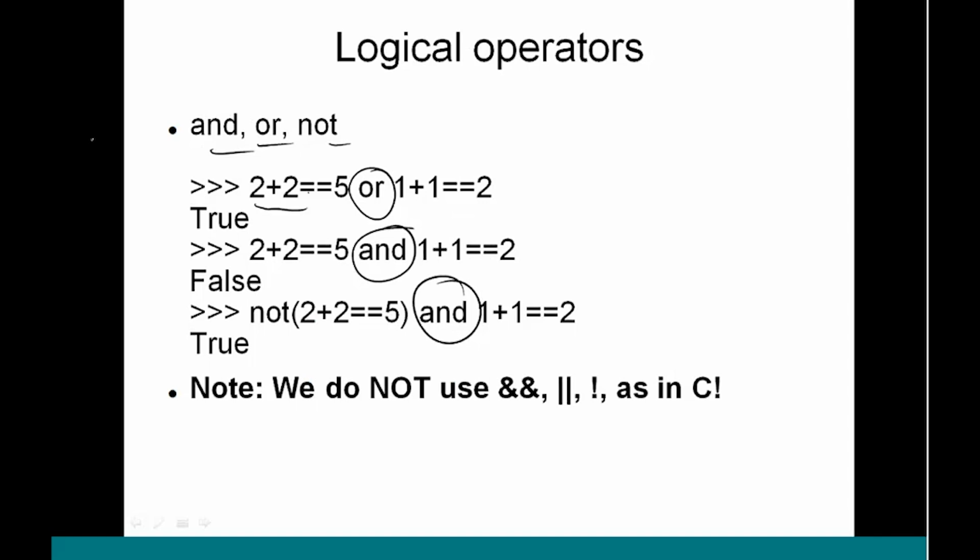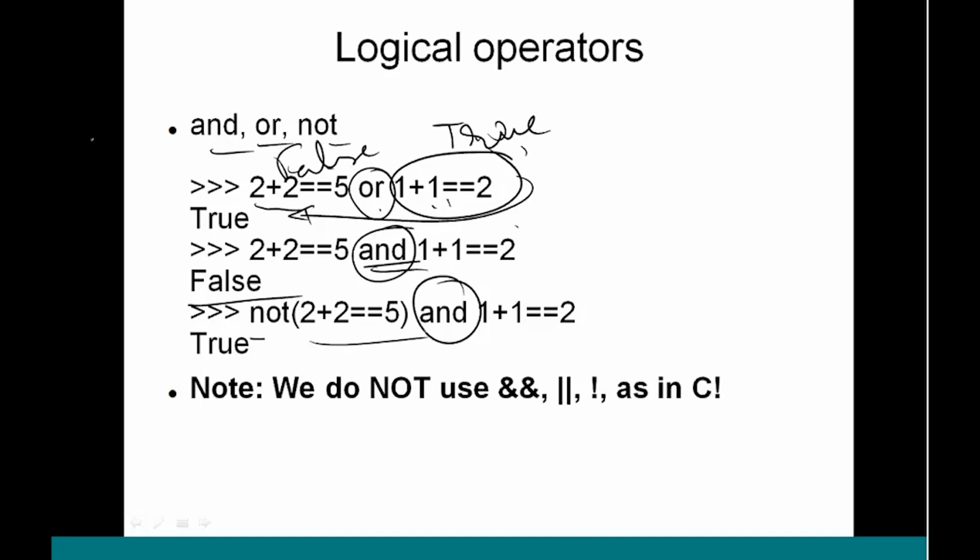We can specify 2 plus 2 equal 5 or 1 plus 1 equal 2; this will return true because this side is true. This may be false, but false or true is true. If you say and, false and true is false. Then you can also specify not of this, which means this is now true, and then this and that becomes true as well.